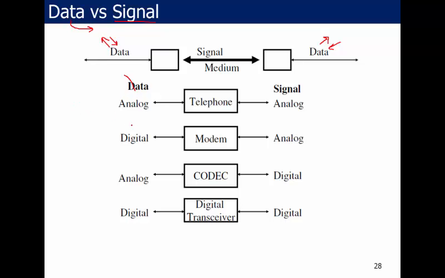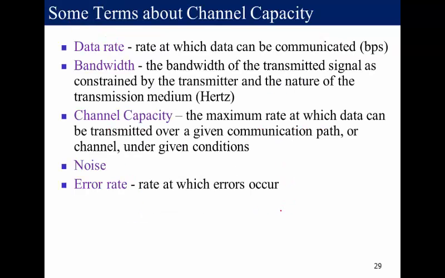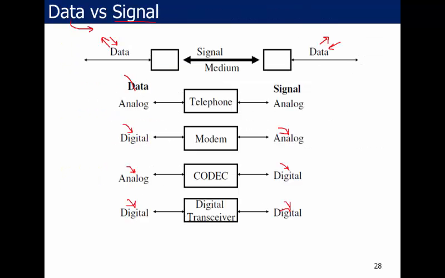And also sometimes we want to send the digital data over analog signals, analog data over digital signals, digital data over digital signals. So four combinations are possible, right? In every case.